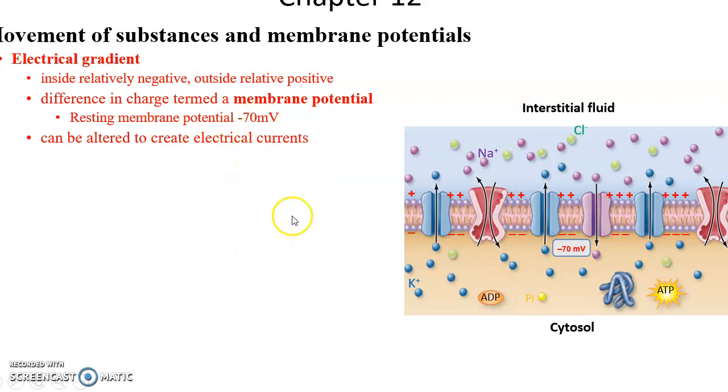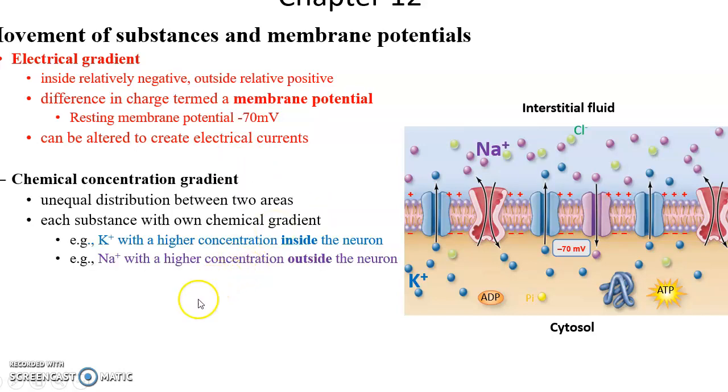And when this is altered, it can lead to the action potential. We also have chemical concentration gradients being generated: lots of sodium and chloride on the outside, lots of potassium ions inside. These chemical concentration gradients also can affect the movement of the various ions.